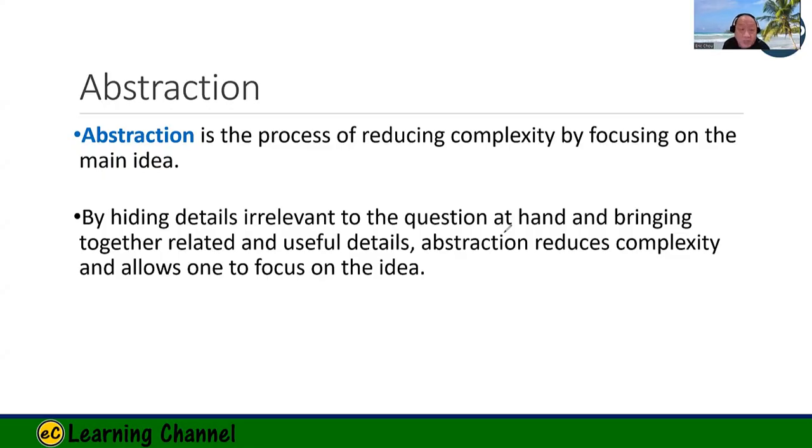So there are two types of abstraction. One is procedural abstraction, which means using a function to hide the complexity. The other is using a data structure, array, list, string, dictionary, to hide the complexity. That's called data abstraction. Is that okay so far? Yeah. Okay, so that's abstraction.